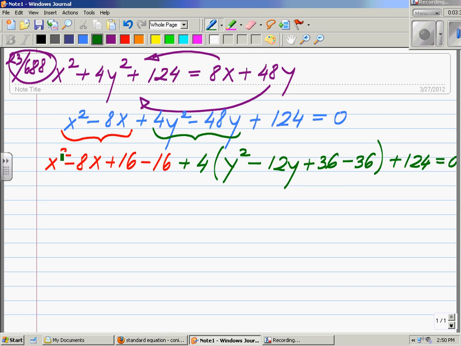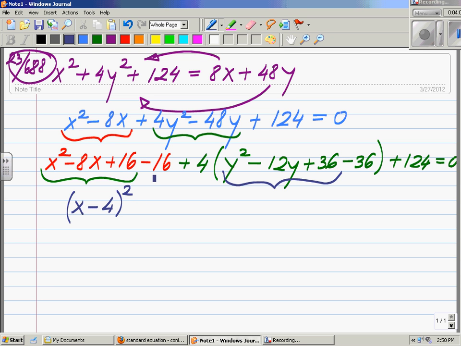Now, looking for my perfect squares here, right? That's one of them, and then the other one. We did it in such a way that there will be a perfect square. What binomial square is this one? It will be x minus 4. What number squared gives you 16 here? X minus 4, everything squared, right?